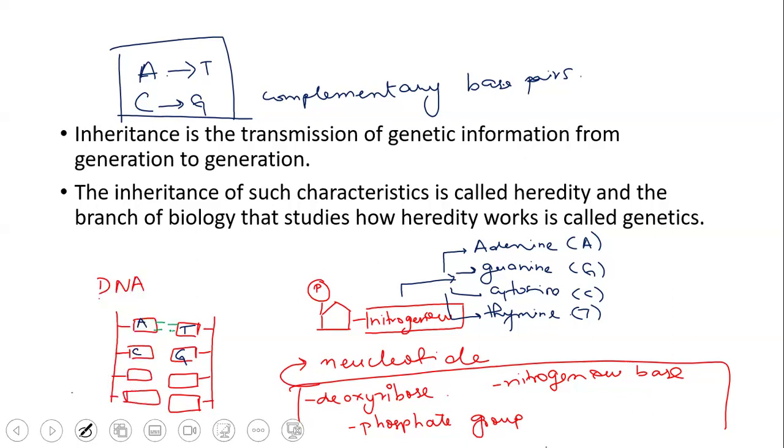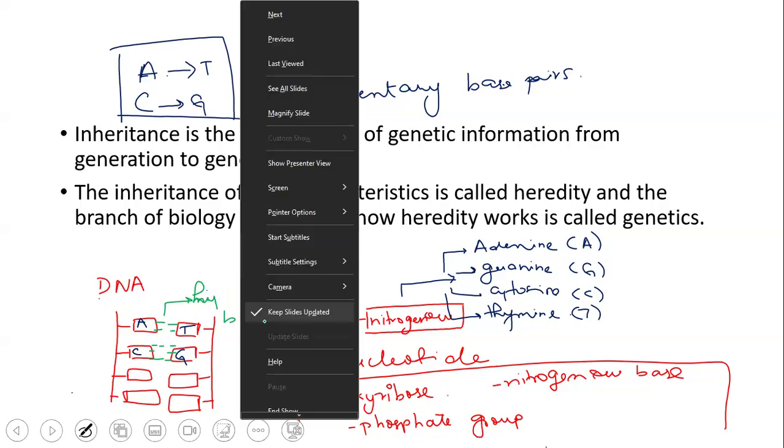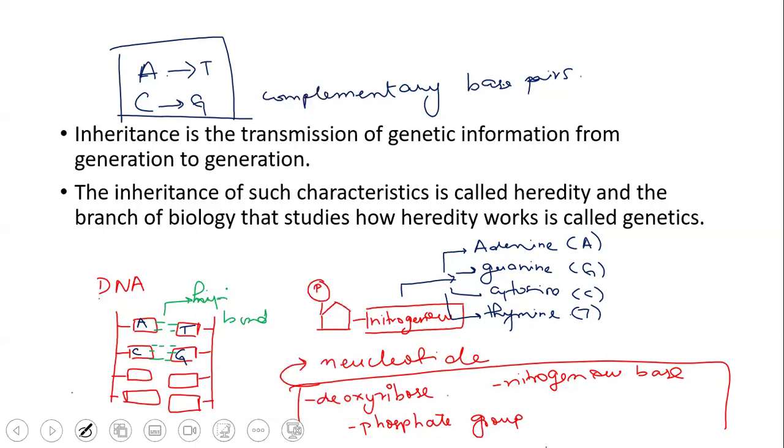These nitrogenous base pairs all develop hydrogen bonds when they arrange themselves in front of each other. Okay? So this is what the structure of DNA is going to look like.